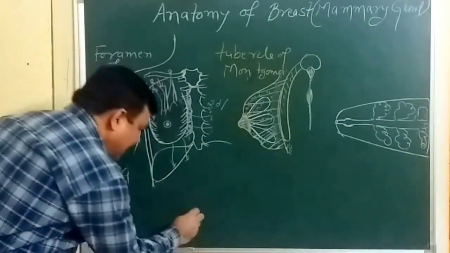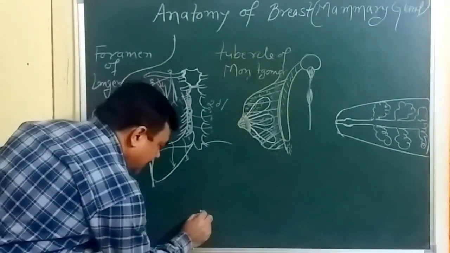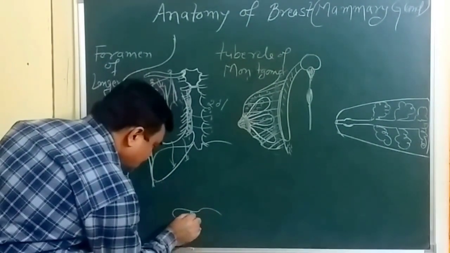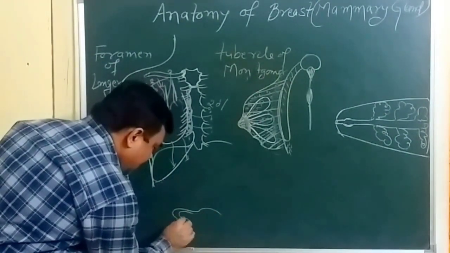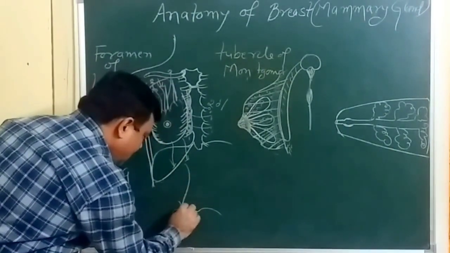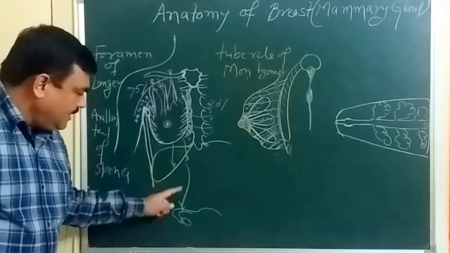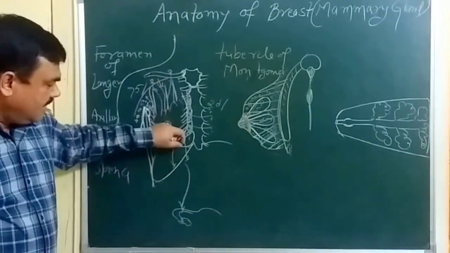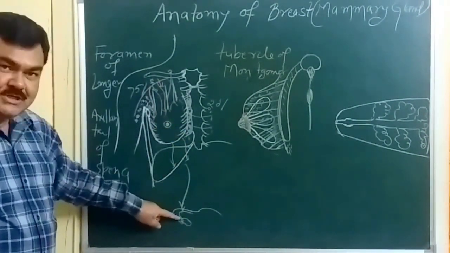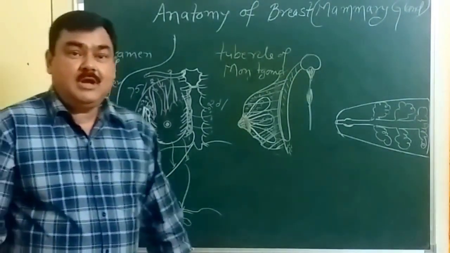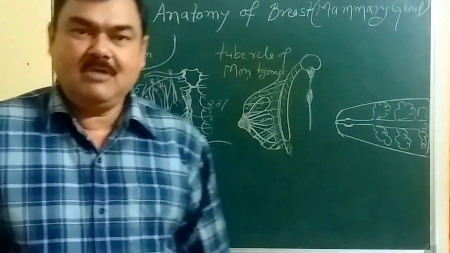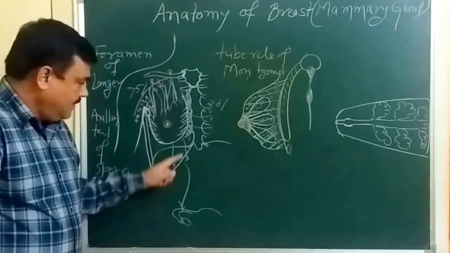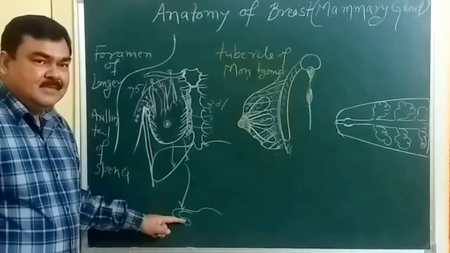From here, lymphatics may reach the pelvic cavity. Here is the ovary, and it may spread through transcoelomic transmission. From here, some droplets go into this and form Krukenberg tumor in the ovary. So lymphatics may communicate to this part.